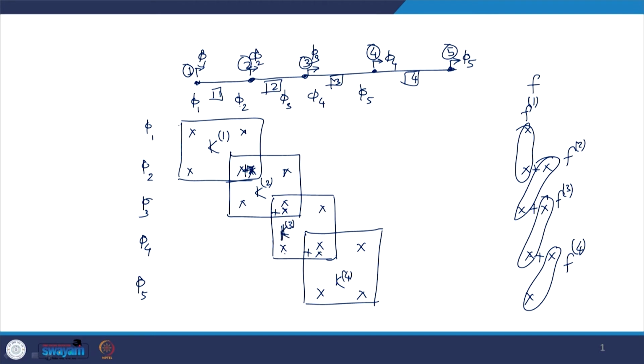So, the stiffness matrix for element 1, load vector for element 1, stiffness matrix for element 2. Node 2 is common, the degree of freedom at node 2, phi 2, is a common degree of freedom. So, the terms get added up here, and similarly for the force vector the second degree of freedom is common, so the terms corresponding to the second degree of freedom get added up.